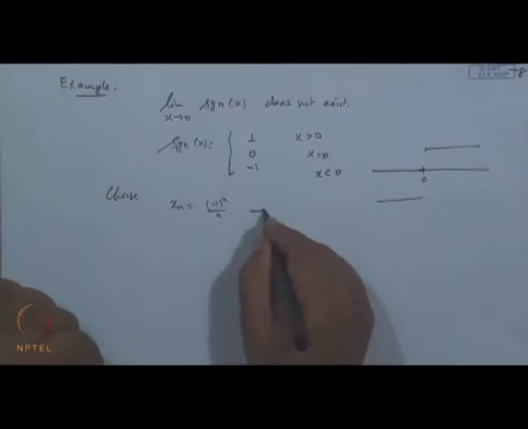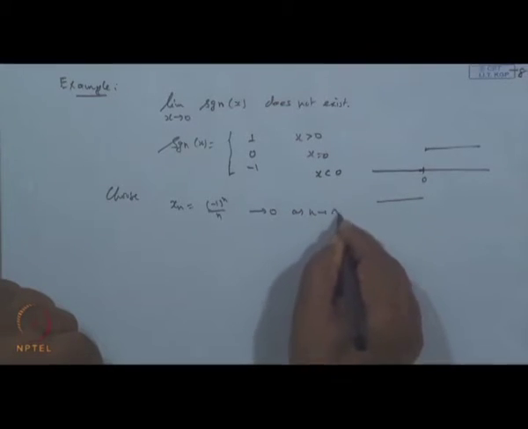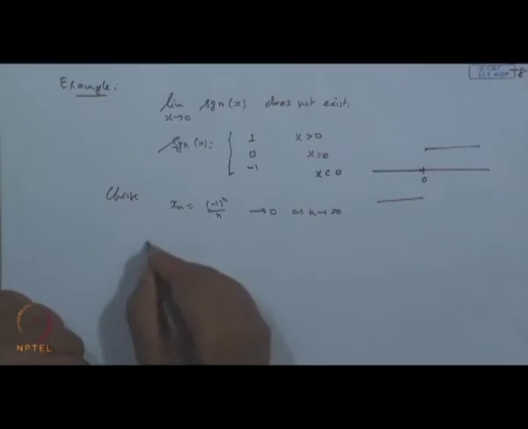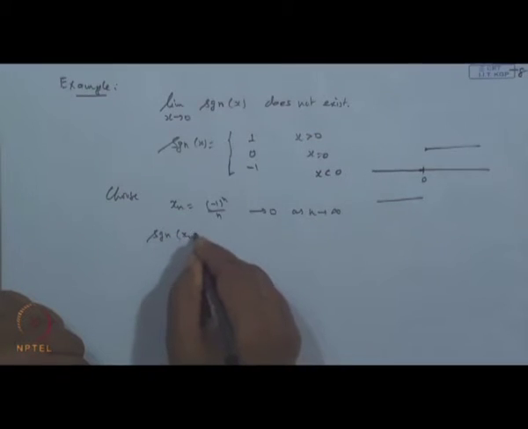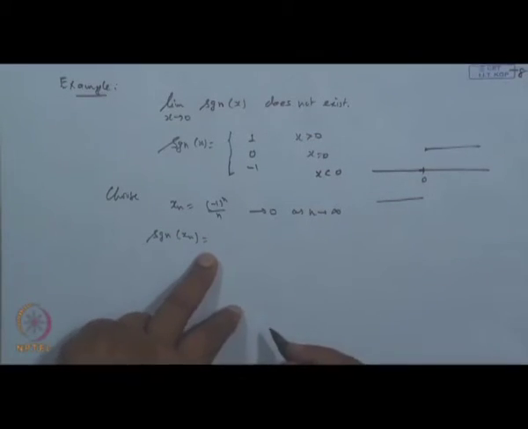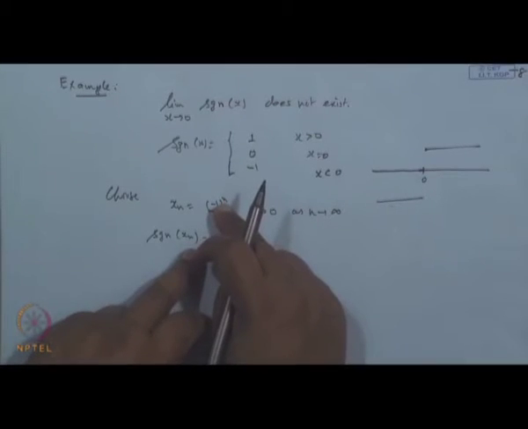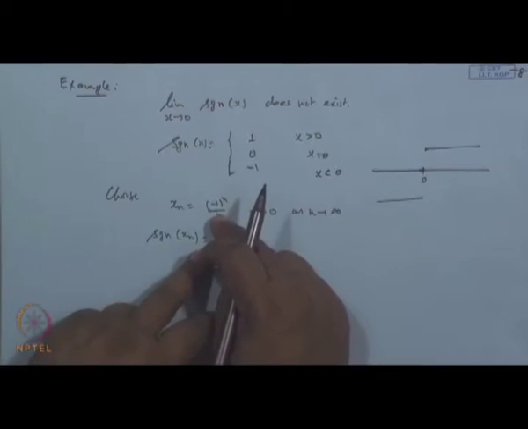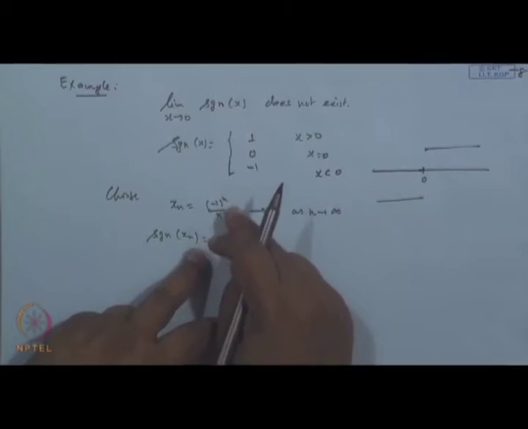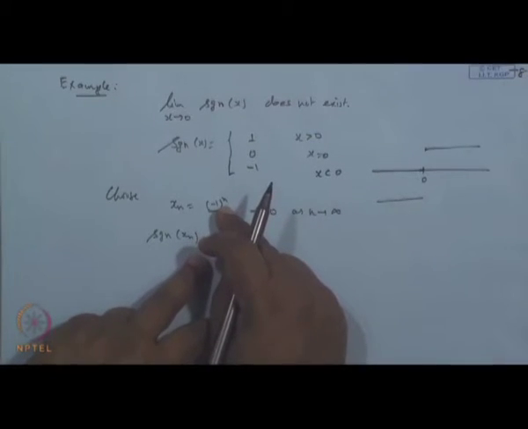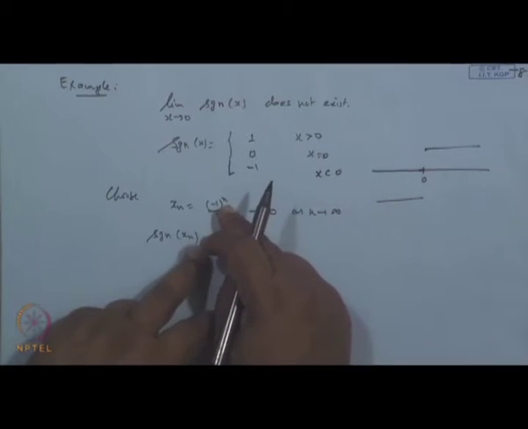Obviously, this sequence will go to 0 as n tends to infinity. What is the signum of this sequence x n? When n is even, it is positive, when n is odd, it is negative.